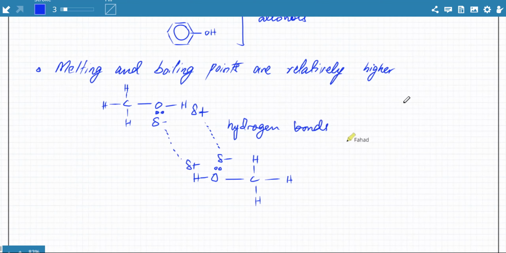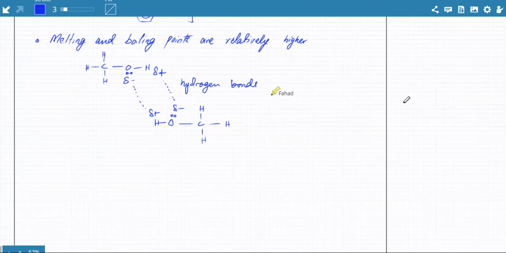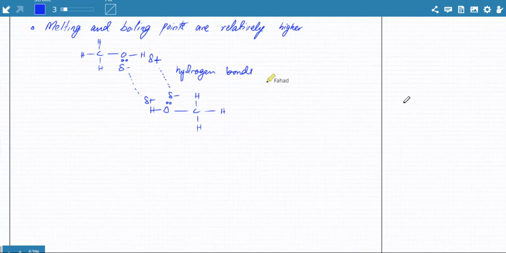Because of this, the melting and boiling points are relatively higher, and also they are capable of dissolving in water. They are very soluble in water because they form hydrogen bonds.